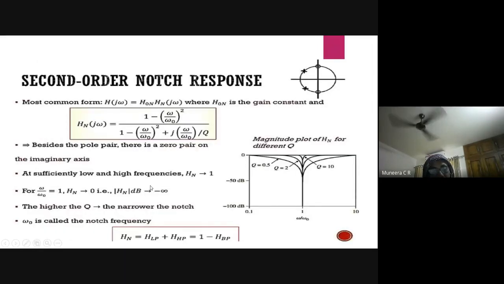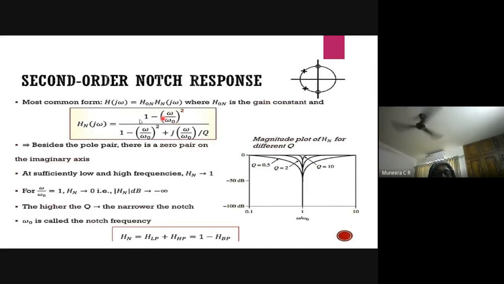Notch. Here is the general expression of the notch filter. It is actually a combination of low pass and high pass, the sum of the low pass expression plus the high pass expression. Here the numerator consists of a second order polynomial, 1 minus omega by omega naught the whole squared.